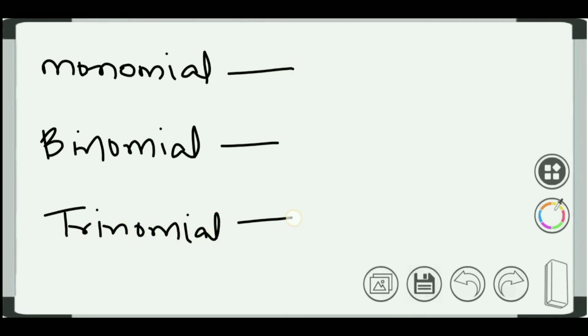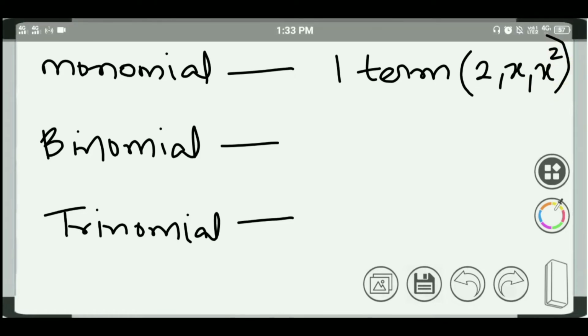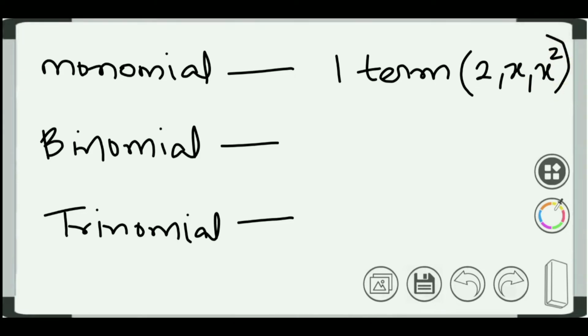What is a monomial? A polynomial with one term, not the degree. Don't get confused. It's the number of terms. You can take whatever with one term. It can be 2, it can be just an x, it can be x square. So a binomial is a polynomial with 2 terms.